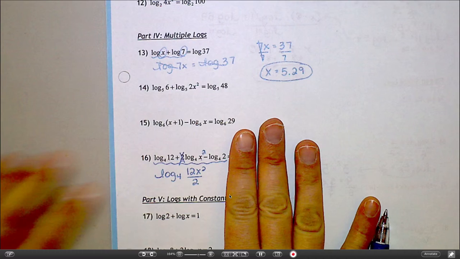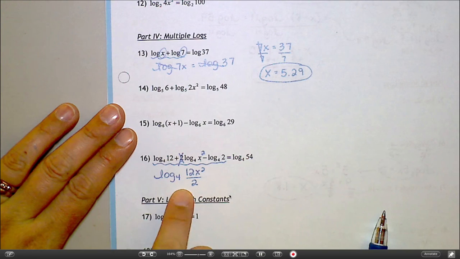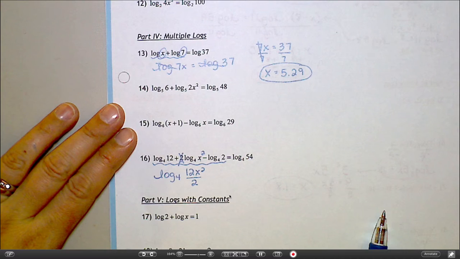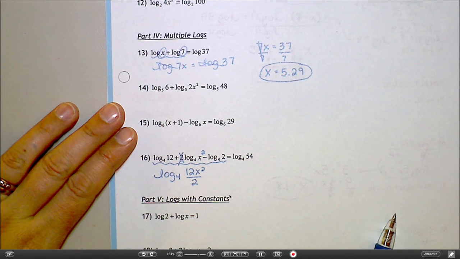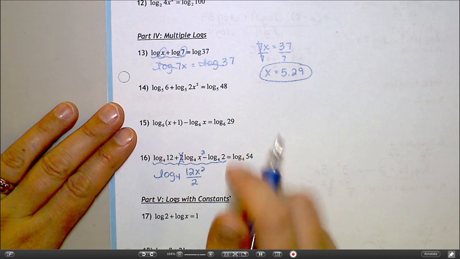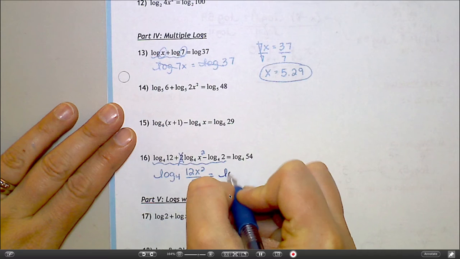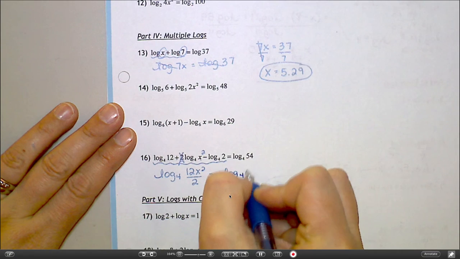That's all you're doing, is doing that combination. Okay, I added these 2, so that means I have to multiply those. And I subtracted that, so that means I have to divide by 2. Okay? Everyone okay on that combination part? Okay, stop me if you're not. And then that's going to equal log base 4 of 54.